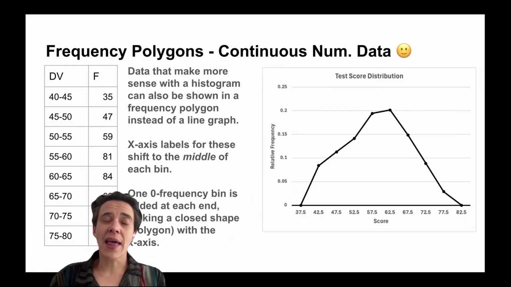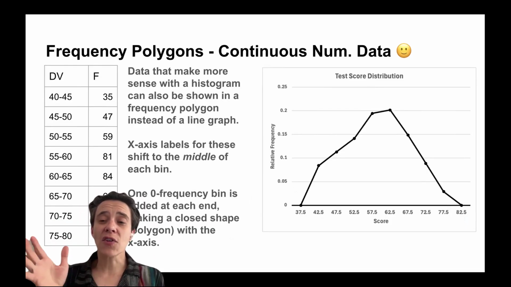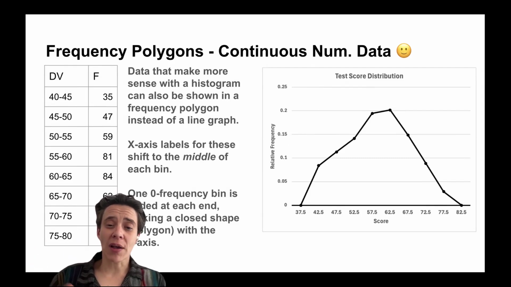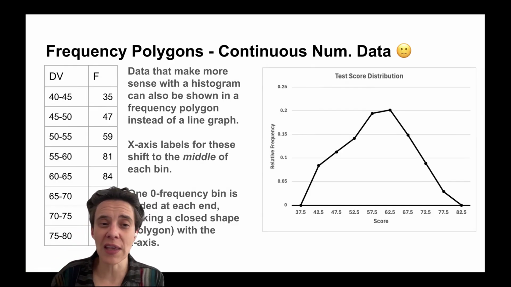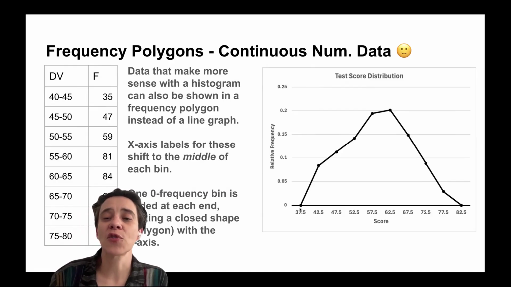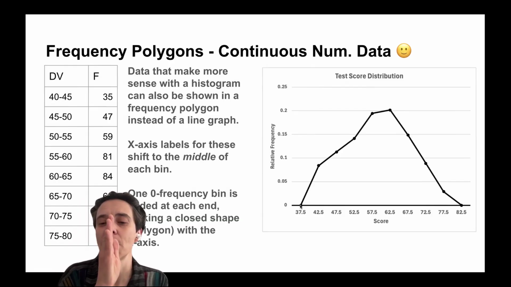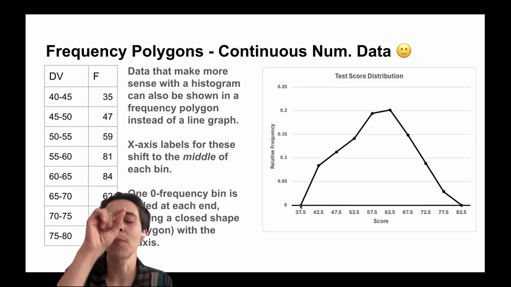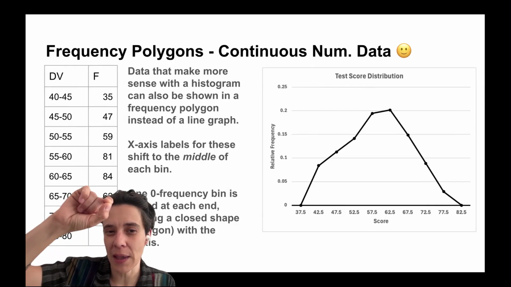In the same way that histograms are best for continuous numerical data over bar graphs, frequency polygons are best for continuous numerical data over line graphs. So the labeling is a little weird again, because if you remember for a line graph, I said that you're just putting a point at the middle of where the bar would be.